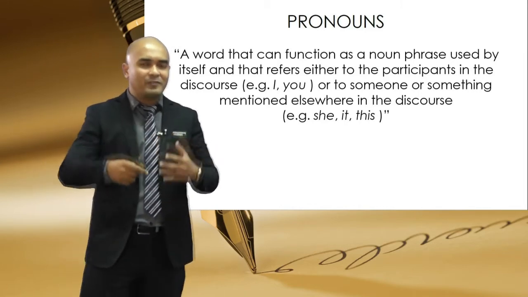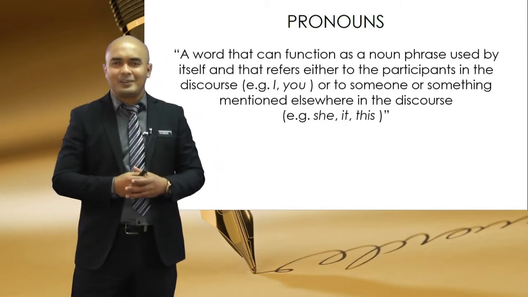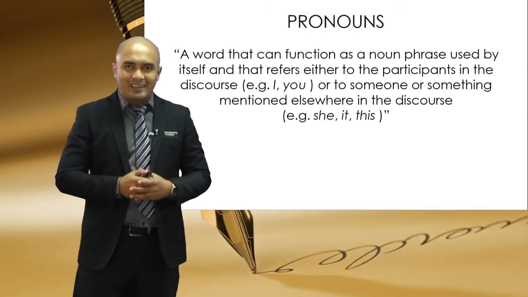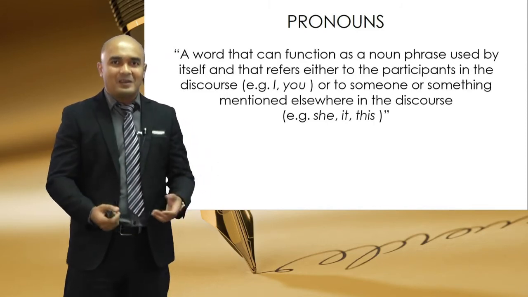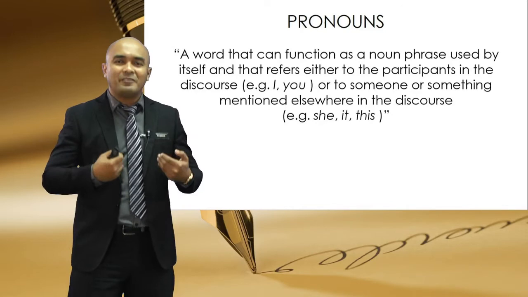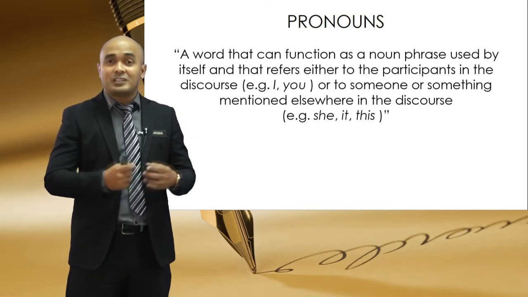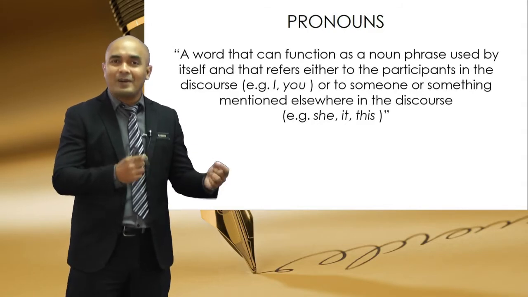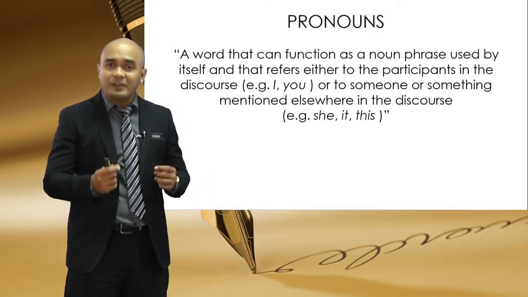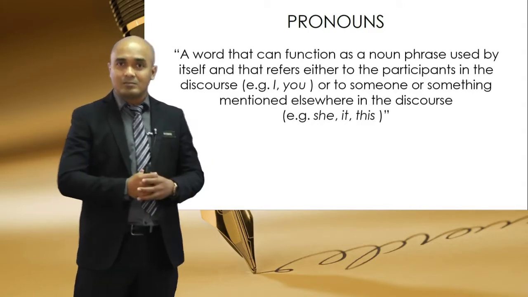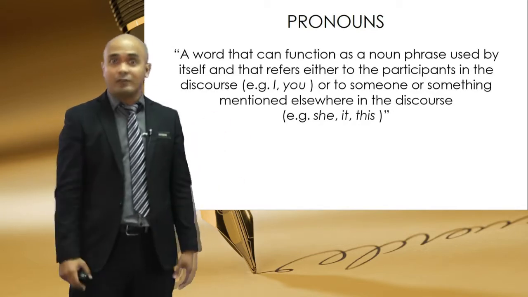Let me give you a simpler explanation. For example, if I introduce myself, my name is Shafiq. Shafiq is 33 years old. Shafiq lives in Rantau Panjang, Kelantan. Shafiq loves fried noodle. So many Shafiq over there.